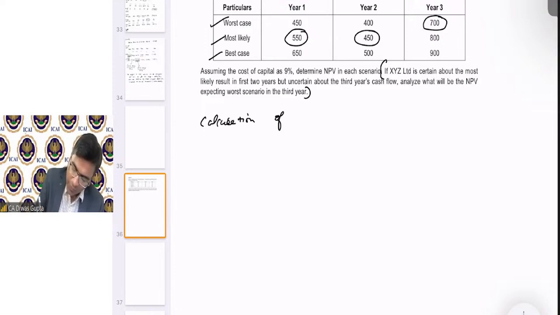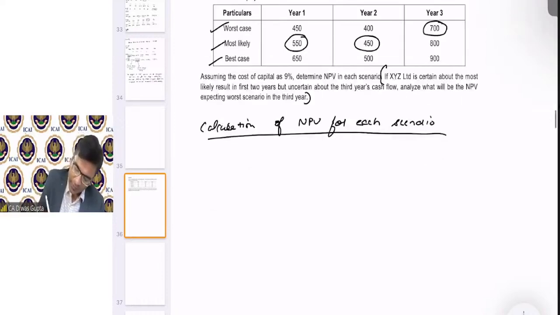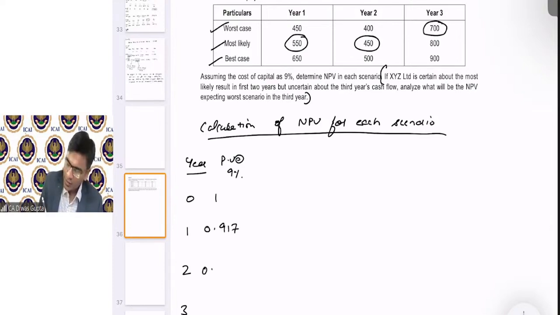Calculation of NPV for each scenario. How many years are there? 3 years. 0 for capital outflow, then 1, 2, and 3. Then present value at the rate of 9%. We can mention that right away, which is going to be the same: 0.917, 0.842, then 0.772.